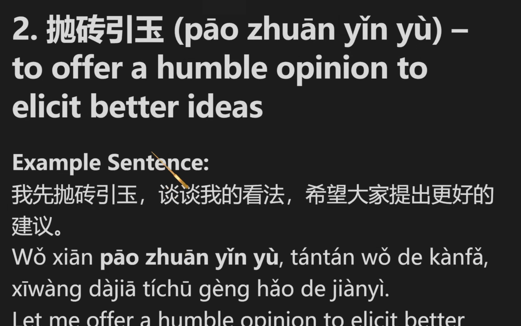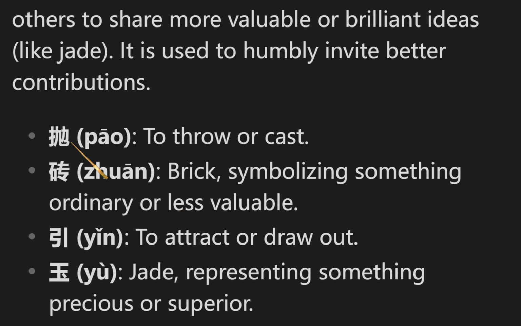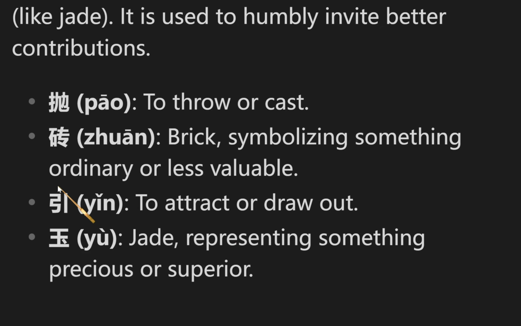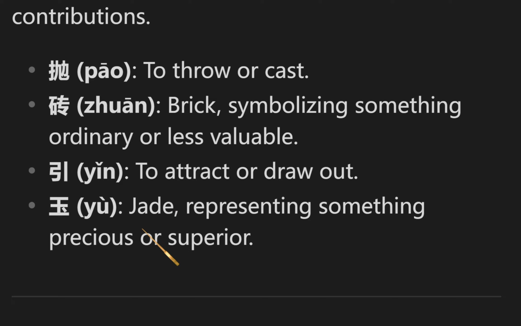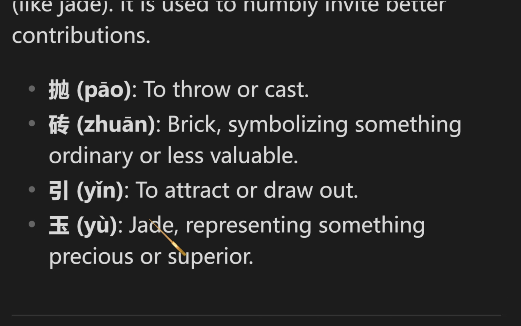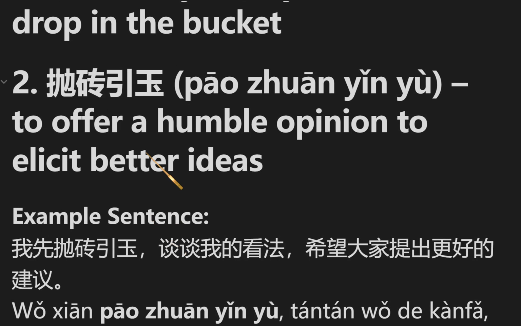What does it mean? 抛, to throw or cast. 砖, brick, symbolizing something ordinary or less valuable. 引, to attract. 玉, jade, representing something precious or superior. So to offer a humble opinion, to elicit better ideas.